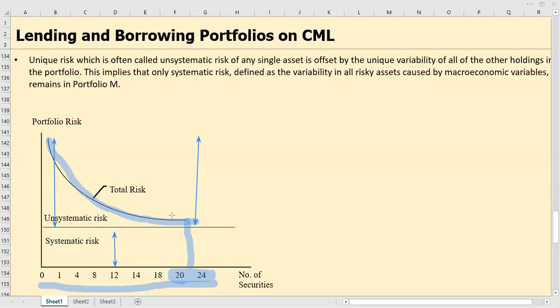So in the capital market line, we have identified a market portfolio, which we call the portfolio of all the assets in the market. That portfolio will give you the highest possible risk premium for 1 unit of risk that you are going to get from the market for a corresponding risk-free rate.